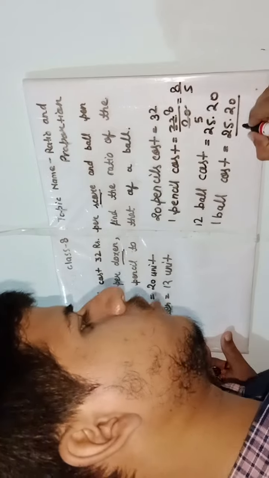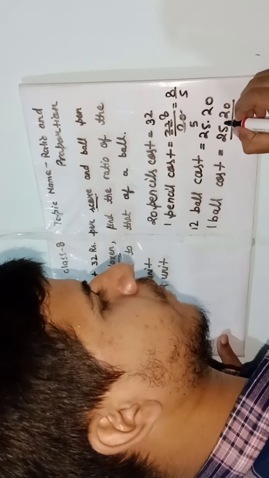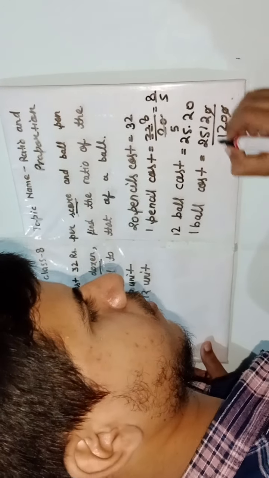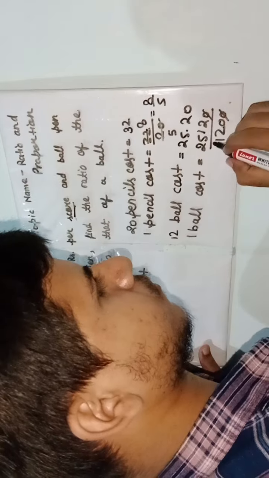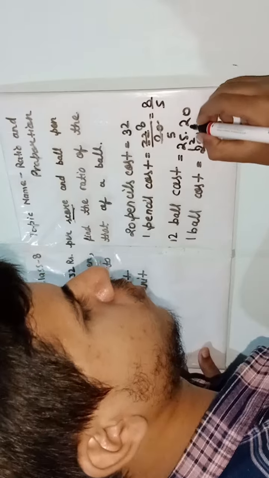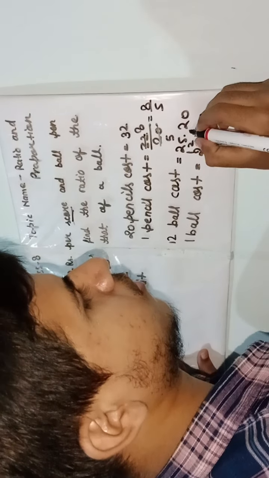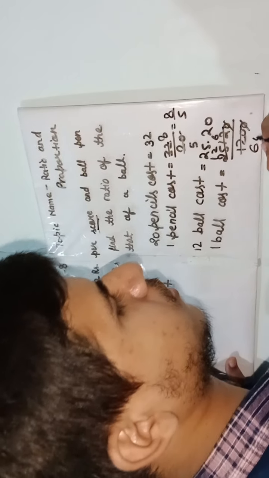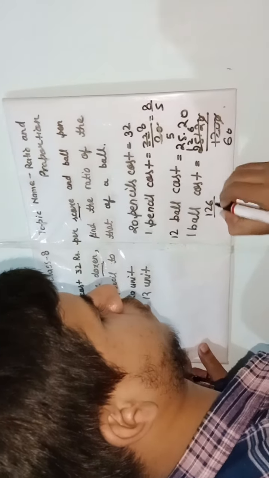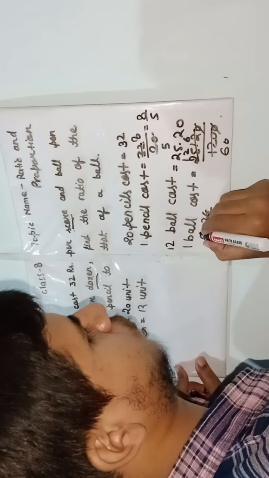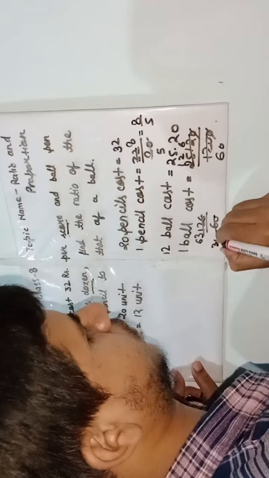25.20 upon 12. We remove the decimal and it is divided by 2. 2 ones are 2, 2 twos are 4, 1 carry, and 2 sixes are 12. 2 sixes are 12 and 0, and there is 126 upon 60. 2 sixes are 12, 2 threes are 6.